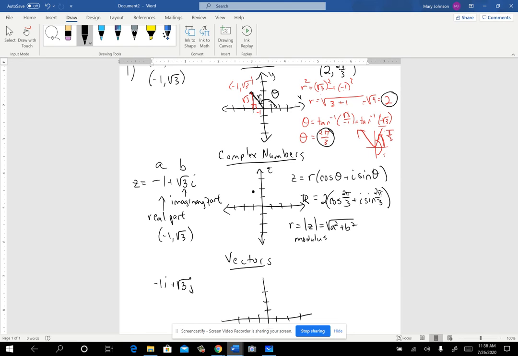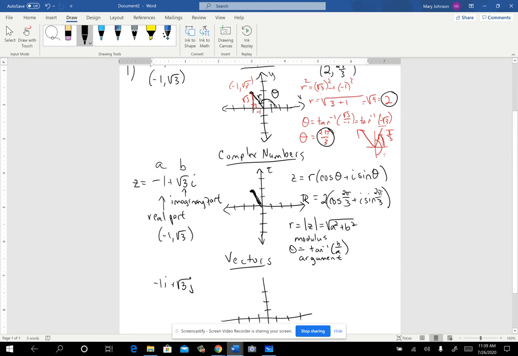It's the absolute value of the complex number, really the modulus, the distance from the origin to the point that represents that complex number. And then your theta is found just like we did on the others. You have to watch out and adjust for the quadrant, but you can use tangent to find it, and that's called the argument. Kind of like function language, the argument is the input.